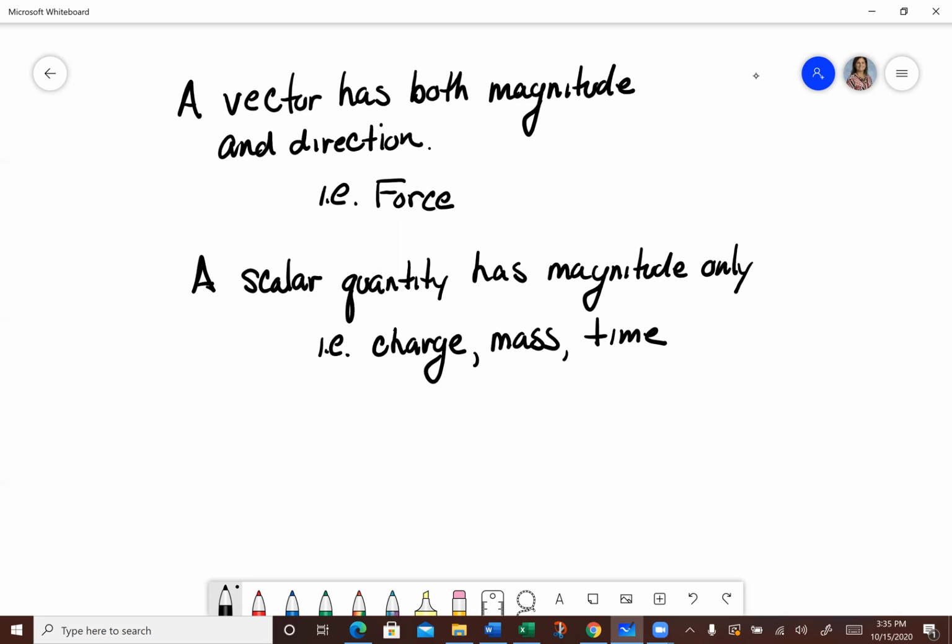So if I have a force acting on something and that force is moving to the right, to the left, up and down, how do I account in a problem for up, down, right, left, etc.? How do I mathematically work with direction?